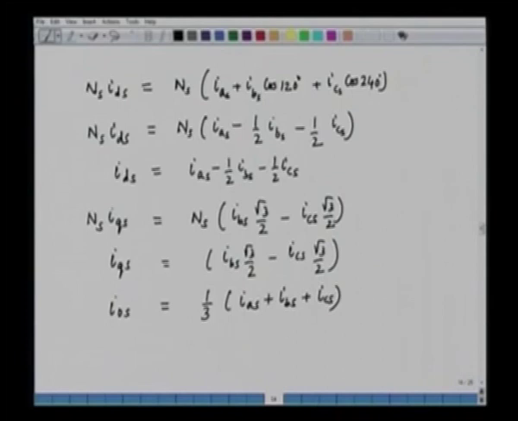So IOS is a zero sequence component. So we have IDS, we have IQS, we have IOS. When we transform the ABC into the DQ axis machine, we can get IDS, IQS and IOS.